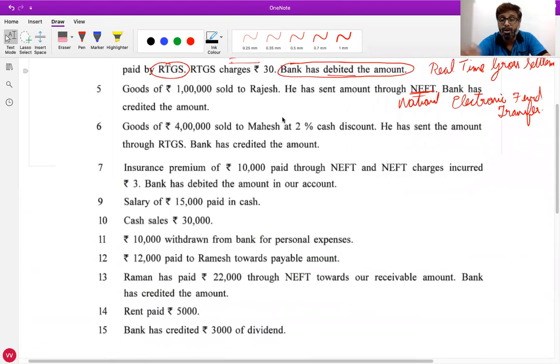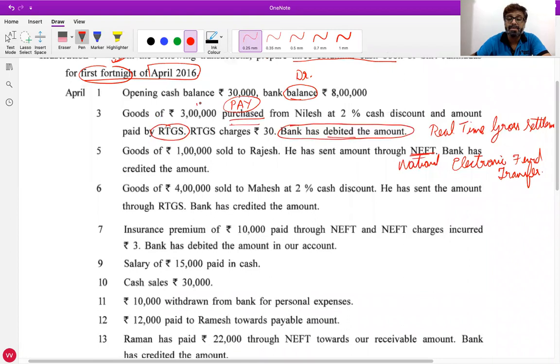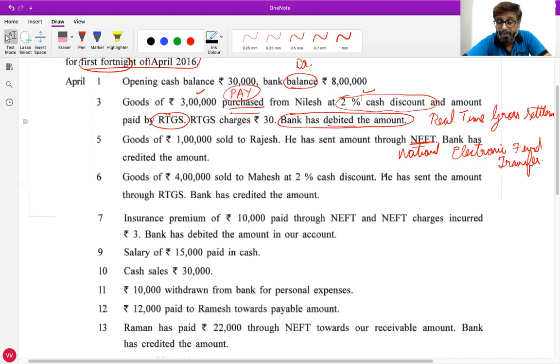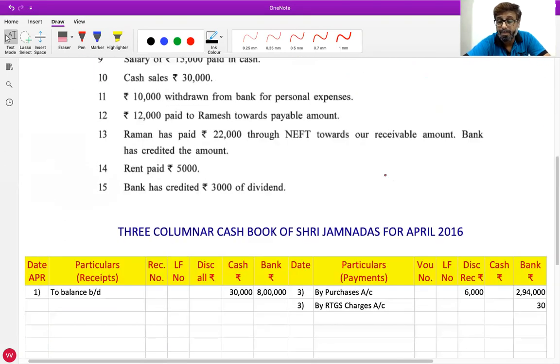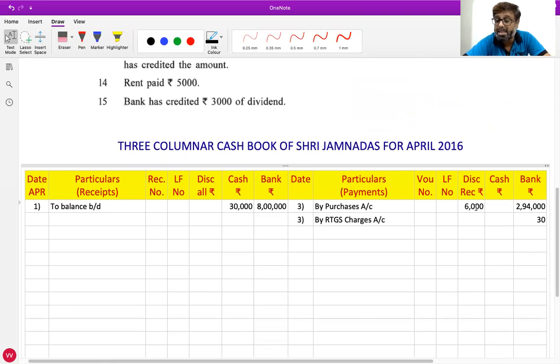What is the amount of goods purchased? 3 lakhs. And the discount, can you see, 2%? Count 3 lakhs into 2% in the calculator. Do 3 lakhs multiplied by 2%. 6,000 will come in the discount column. Press minus and equal to.